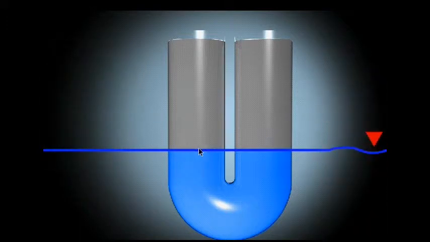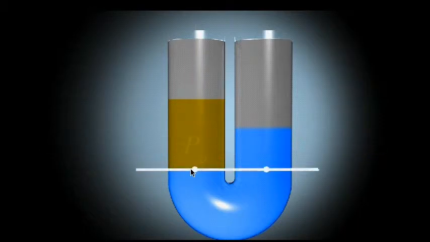Look, should we have only water here, they equilibrate at the same elevation. Well, but then we put oil here, and you see that this column of oil now has to equilibrate with this column of water.